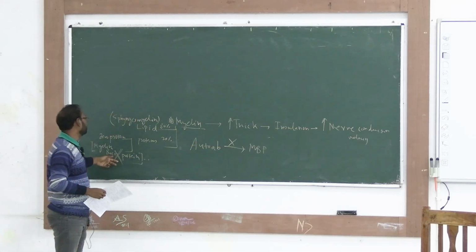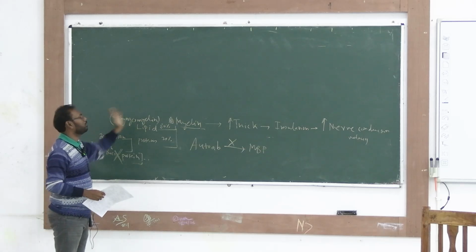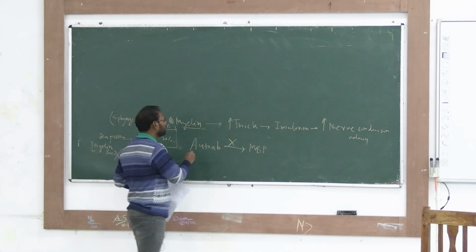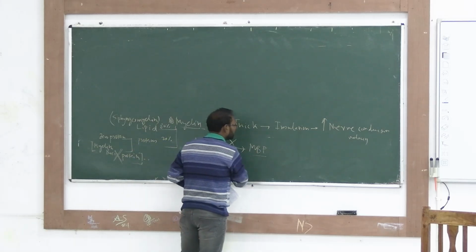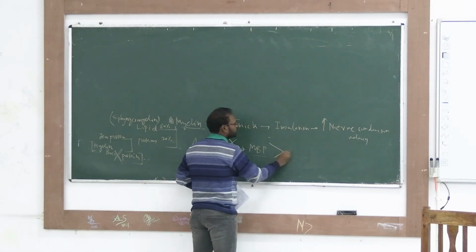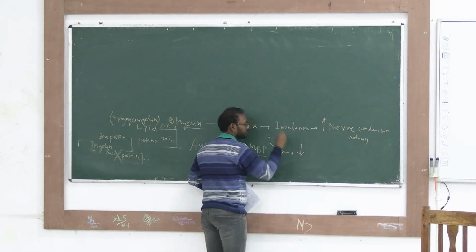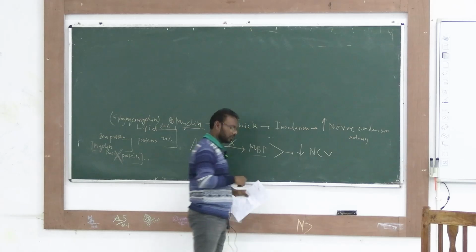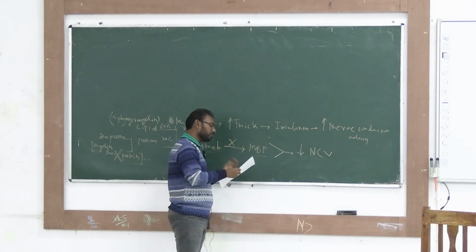These autoantibodies create problems for MBPs, they destroy these things, so the myelin sheath cannot work properly. As a result, whenever these autoantibodies destroy this MBP, what will be the result? Nerve conduction velocity will decrease, so they result in decrease in NCV, nerve conduction velocity, okay.